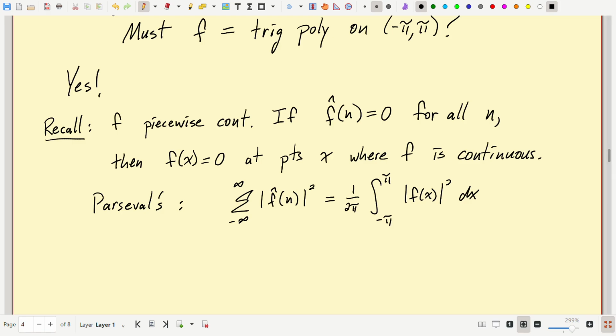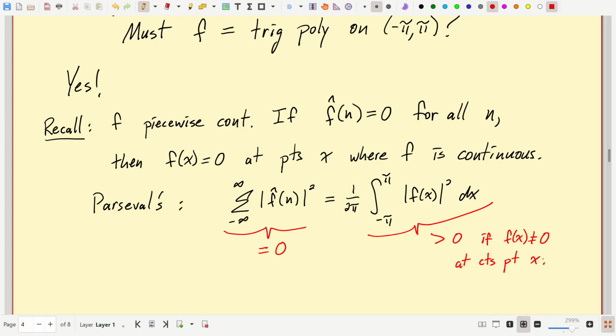I'll fix it later if it's not. Doesn't really matter what it is, because if all those coefficients are 0, this would be identically 0, a sum of zeros, and that would mean that integral would be 0. And if f has any points where it's continuous and not 0, that integral would be strictly positive if f of x is unequal to 0 at a continuous point. Okay, and so that can't happen.